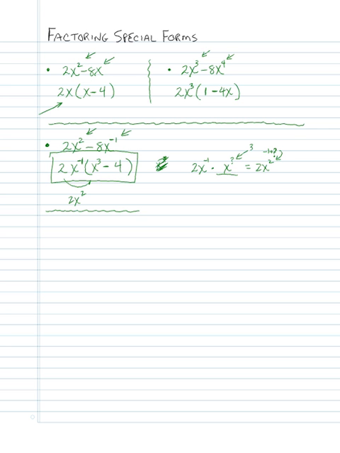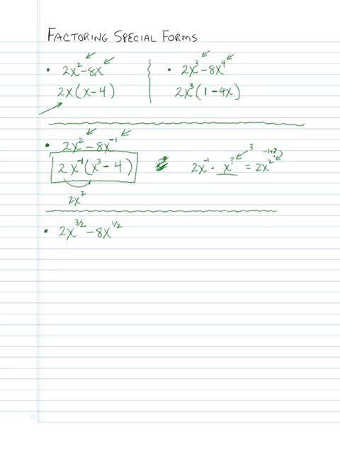Okay, let's increase our thought process here. Let's continue. This time we're going to factor 2x to the power 3 halves minus 8x to the power 1 half. So this time our exponents are fractions.